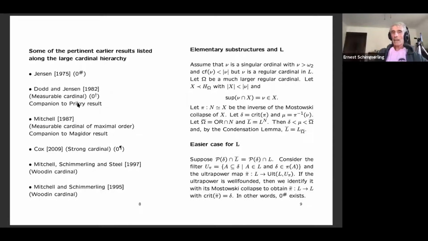Anyway, I'll do that, and then at the very end, I'll tell you what you need to do to get beyond zero dagger. And the style of the outline will be, many times I'll end up saying, well, further analysis shows the following, and I'll give no reasons how that analysis goes, just because something needs to be omitted.